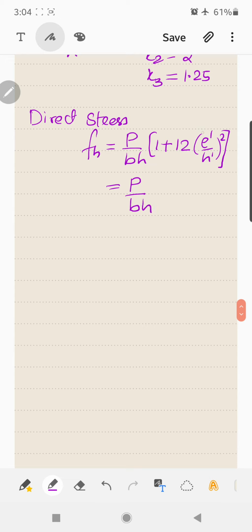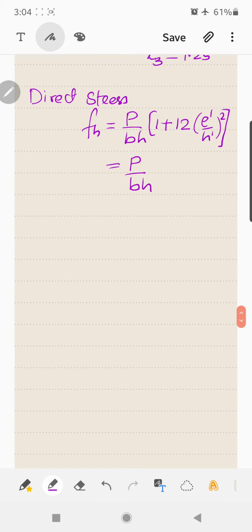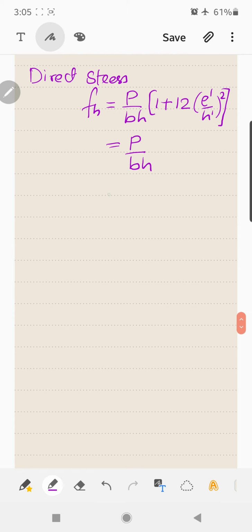If it is eccentric, this is the formula, E dash by H dash. Now as this is a concentric problem, E dash is 0. Therefore Fh is equal to P by B into H, for E dash equal to 0.